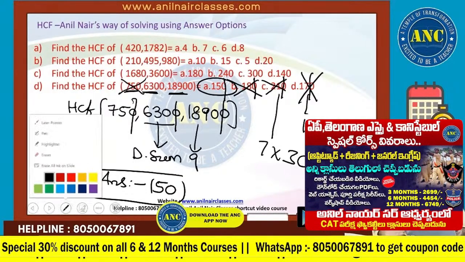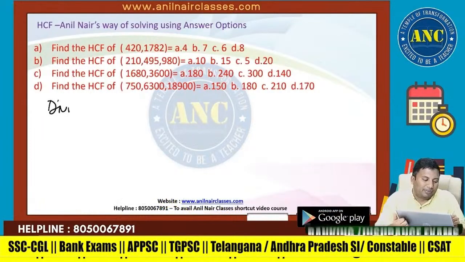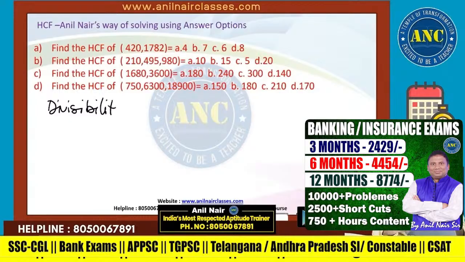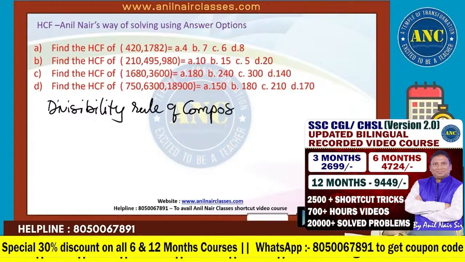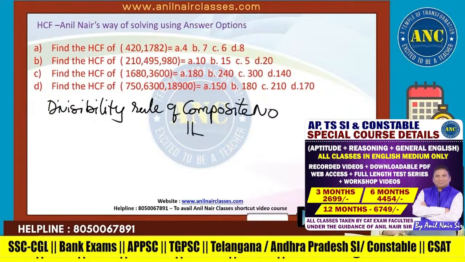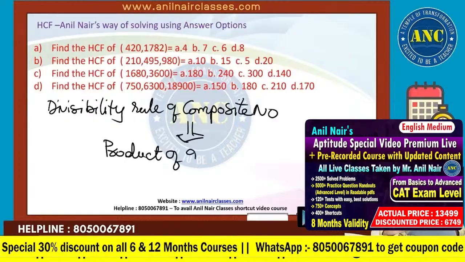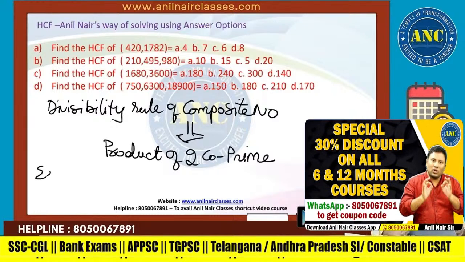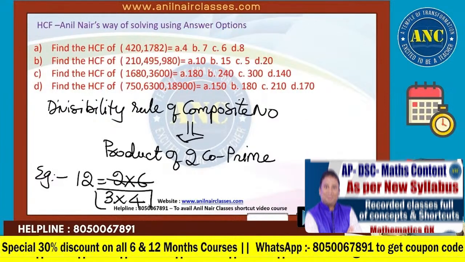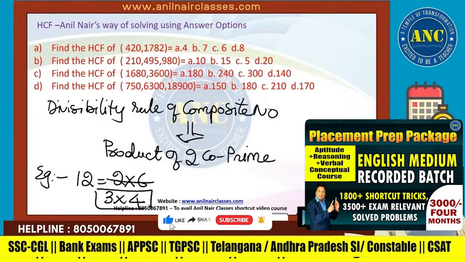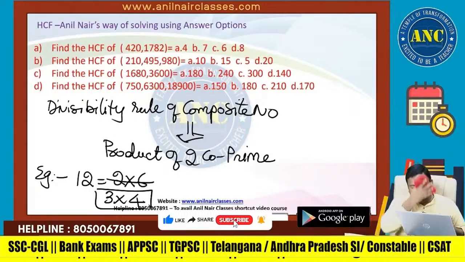The mistake is the divisibility rule of a composite number is to write the number as a product of two coprimes. That is the divisibility rule of a composite number. For example, the divisibility rule of 12 is not 2 into 6 but 3 into 4, because 3 and 4 are coprime to each other. This theorem we call the Chinese remainder theorem.